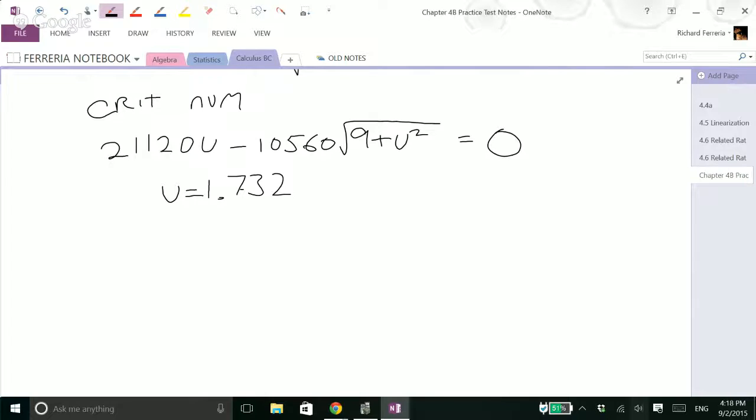Real talk. Is this a minimum or a maximum? How about this? Is it a maximum? What would be the most expensive way to lay down this pipe?